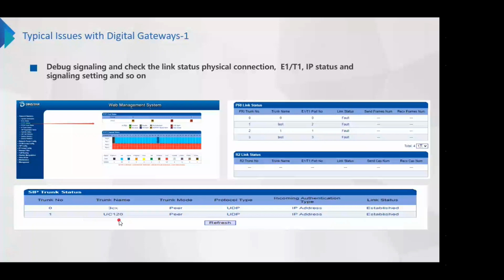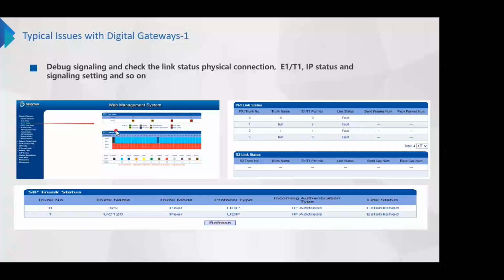Our digital gateway offers features for basic users or beginners. You can always check the E1 T1 status. Make sure that if you configured everything correctly, all the links are up, and the physical link and signal link are correct.